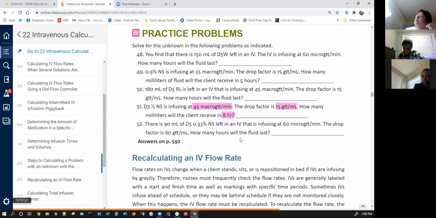So what about the next one, number 51? Set it up the same way, except we're looking for volume now, not time. So the X is going to be on the top next to your 15 drops per milliliter.